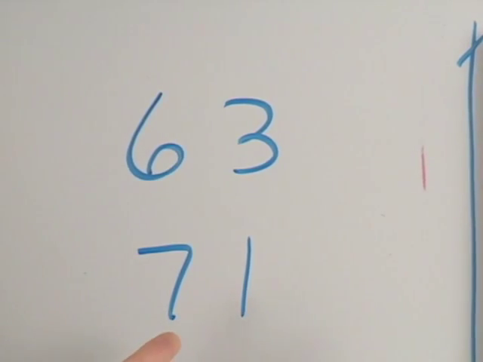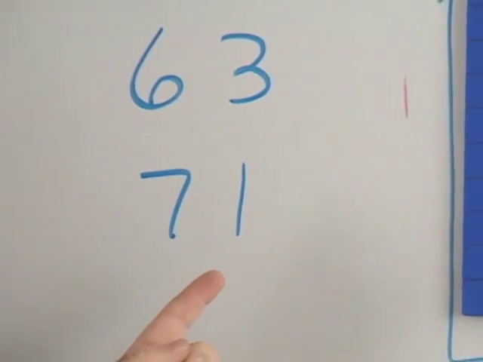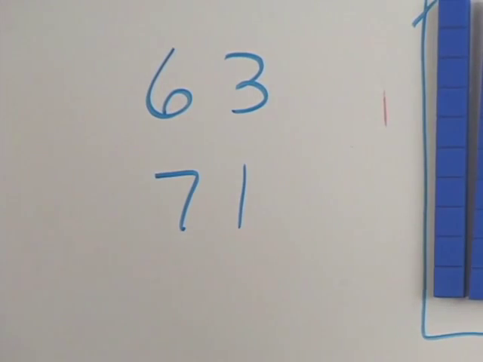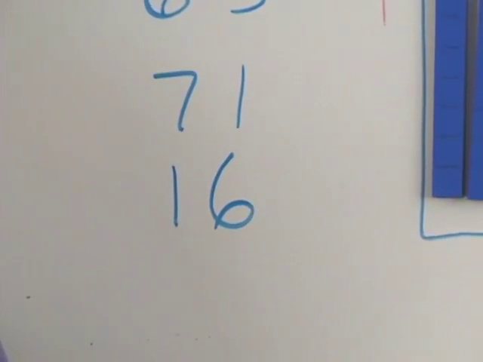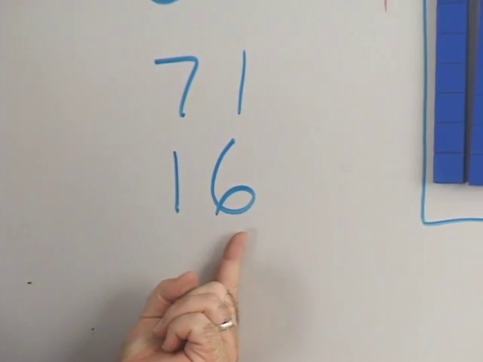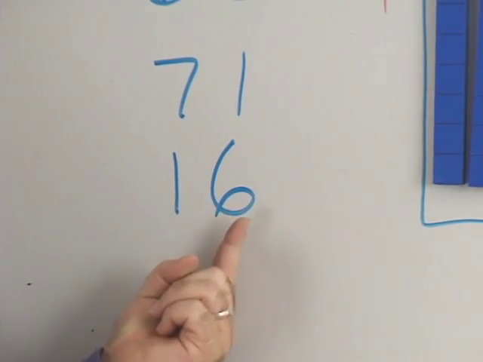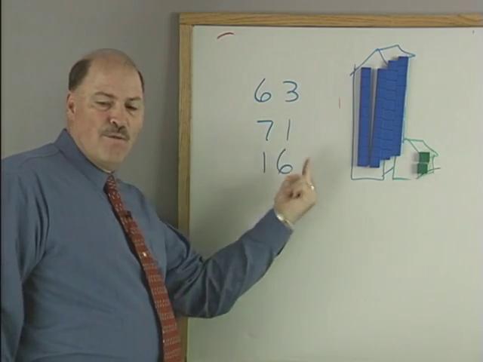Not 7D, 7T. 7T1. And that means 7 tens, 1 unit. Okay? But how about this one now? 16. What in the world? We started over here. You said 6, sounded like 60. See, it's confusing. If you say 16, you actually go backwards, see?